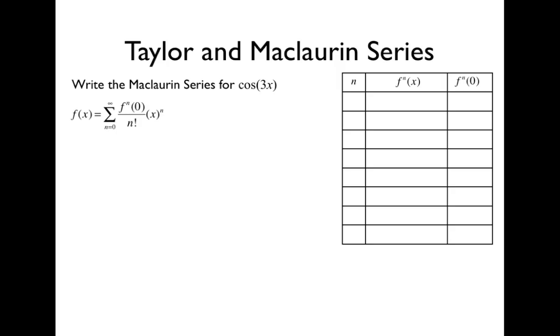So what are we going to do? We're going to get the first several derivatives. The function itself is cosine of 3x, and cosine of 0 would be 1.